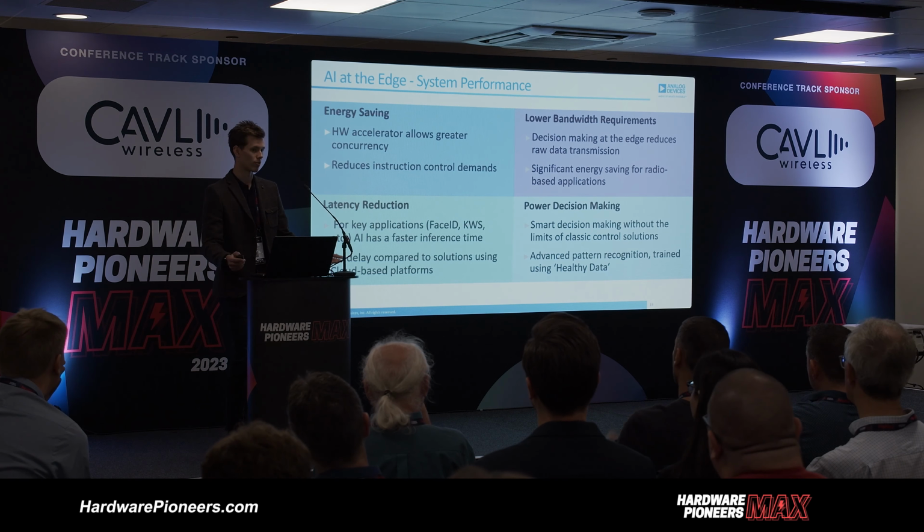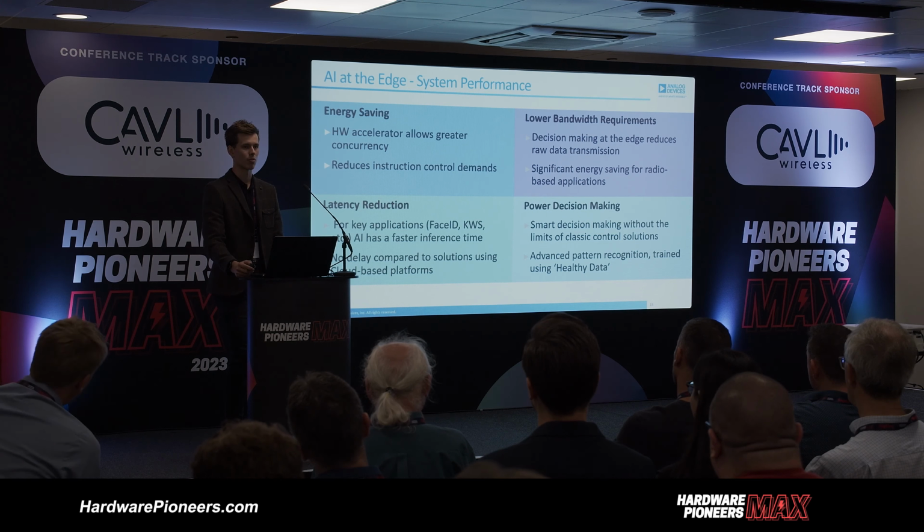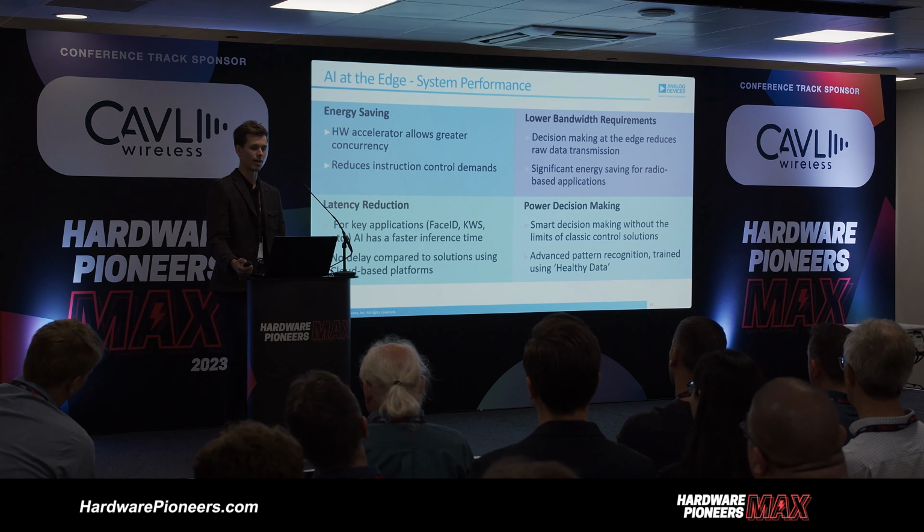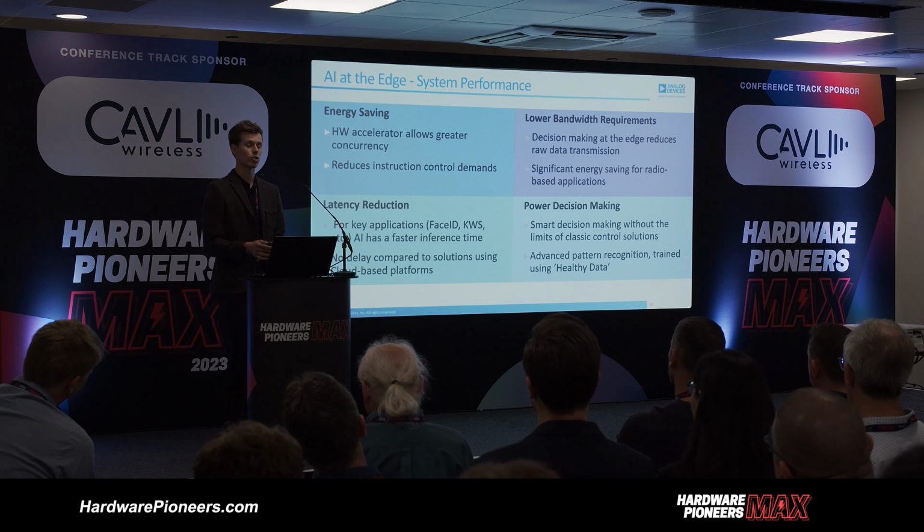Latency reduction, obviously very key for certain applications. Maybe we see it in self-driven cars where we don't need a delay in the decision to steer left or right. And even for Face ID and remote safety-critical sites, having that faster inference time allows for a lot less delay on any kind of operation, and even having to transmit the data back to the cloud causes delays.